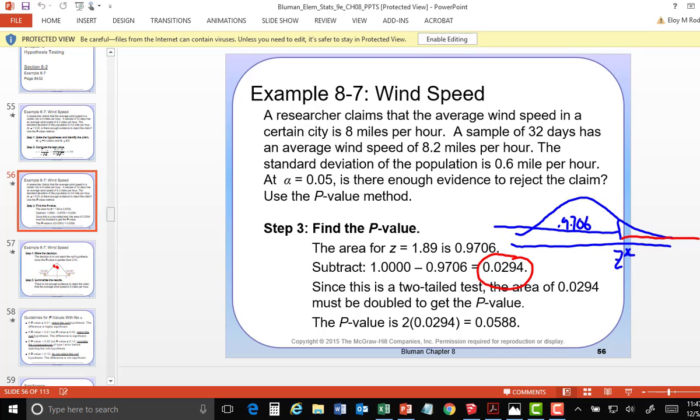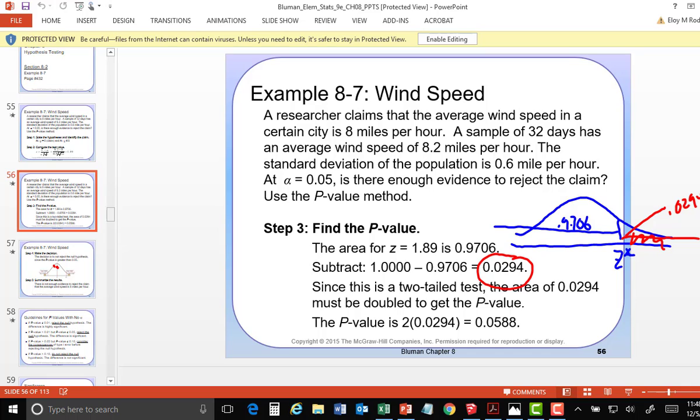significance. Okay, so here's a difference though. When it's a two-tailed test, right? And you have the area of 0.0294, that would be the area here under this curve. Now, in this case, because we have a two-tailed test, we're going to double the p-value.